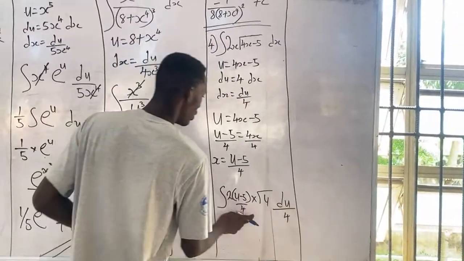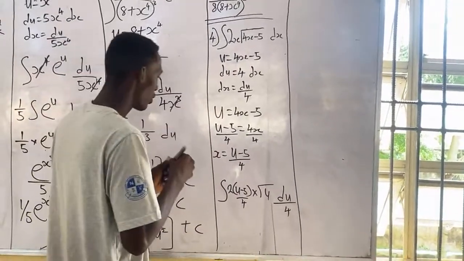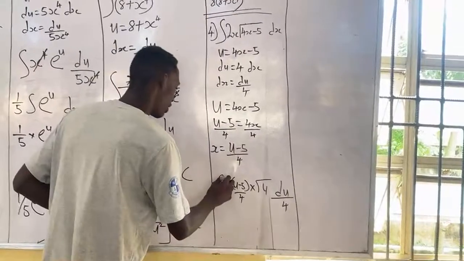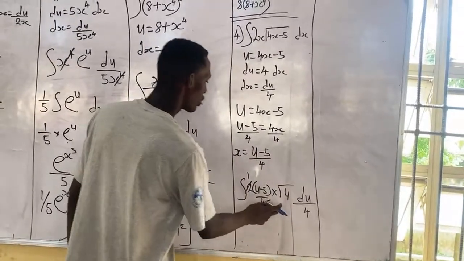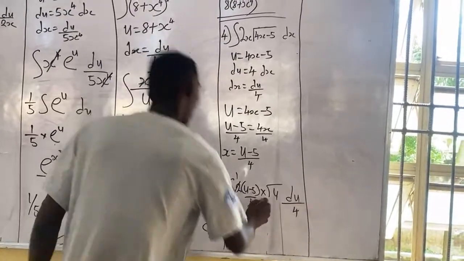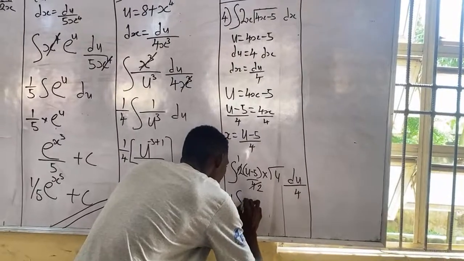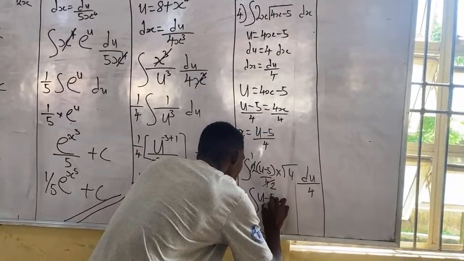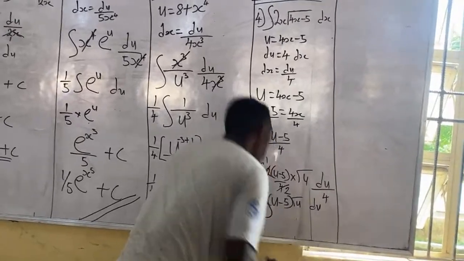So we can get rid of all these constants and take them outside in order to avoid confusion. What do I mean by that? Let's cancel this: 2 here 1, 2 here 2. So you can just take 2 times 4, that's 8. Let's take out 1 over 8 outside. Then we are left with (u minus 5) in bracket square root of u du.